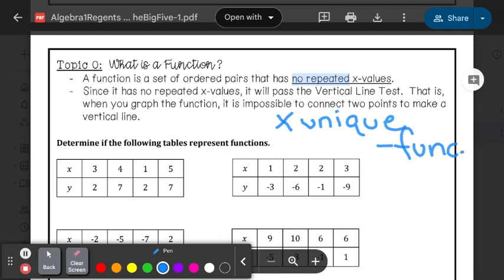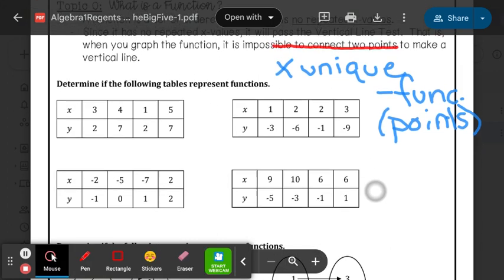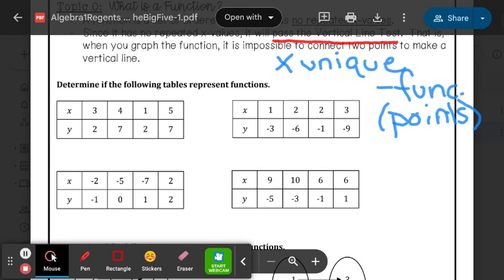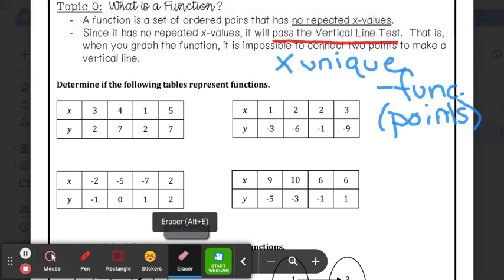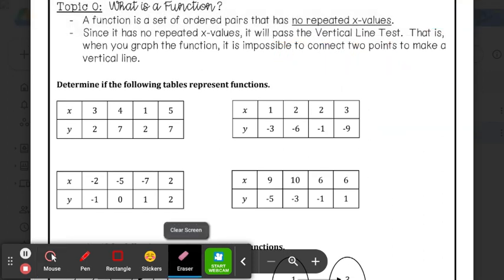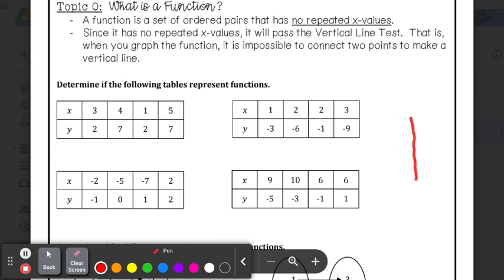You would use this when you're looking at points or numbers. Now, if you're looking at a graph, you would look at the vertical line test. Let me just explain. And remember, this is all review.